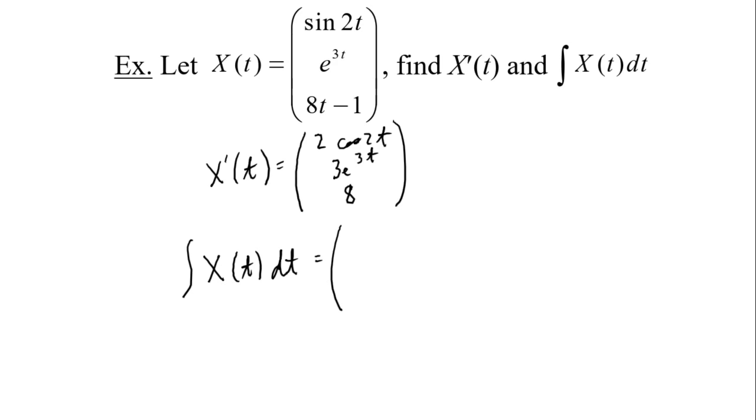So the integral of sine 2t would be negative 1/2 cosine 2t plus a constant, of course. 1/3 e to the 3t plus another constant, right? They might be different constants, so we need different letters. And 4t squared minus t plus a third constant. So again, if we have a matrix made up of functions of t, we can, just like we always have been, still take the derivative and take the integral, exactly like we would expect.